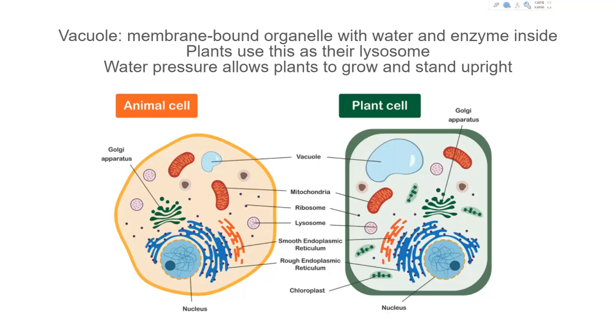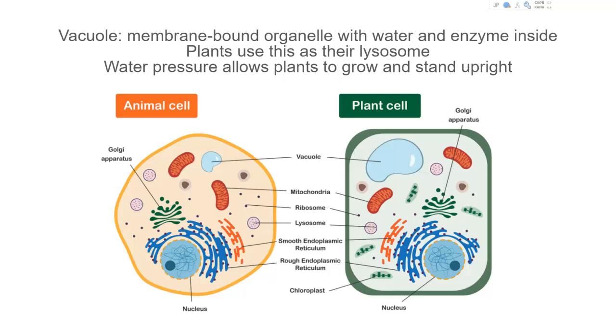Okay, the vacuole. If you're a plant cell and not an animal cell, your large central vacuole is another membrane-bound organelle, and this is going to serve as your recycling center in plants.